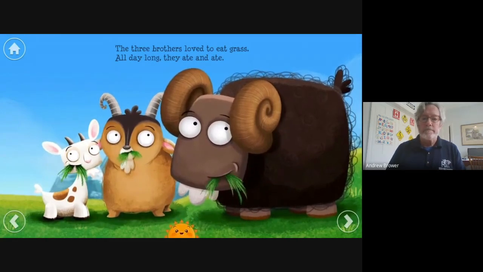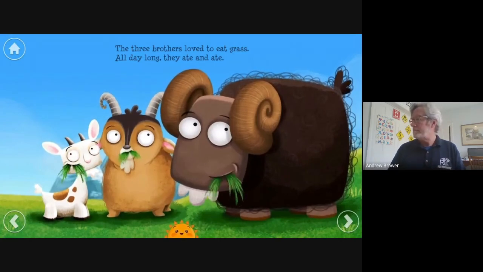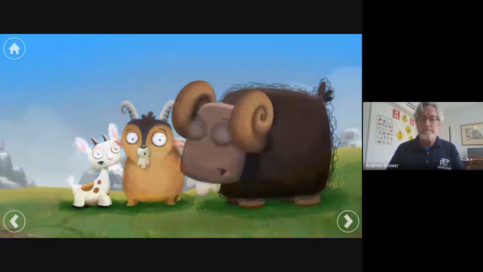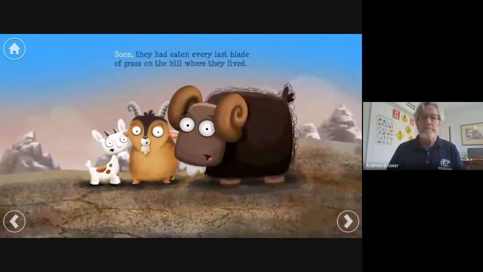Nom nom nom. Soon, they had eaten every last blade of grass on the hill where they lived.